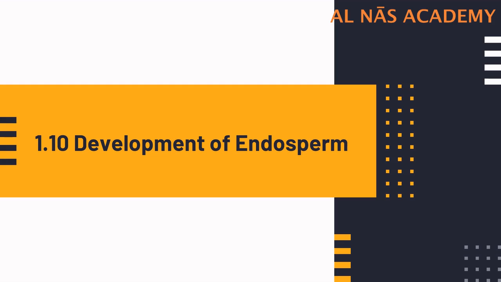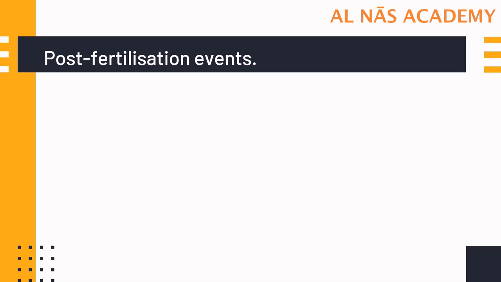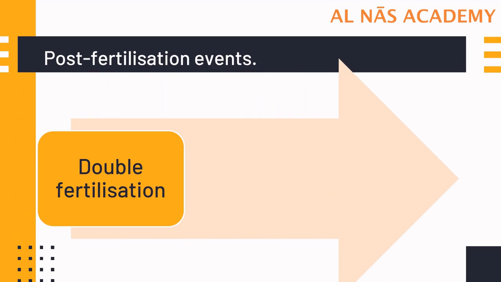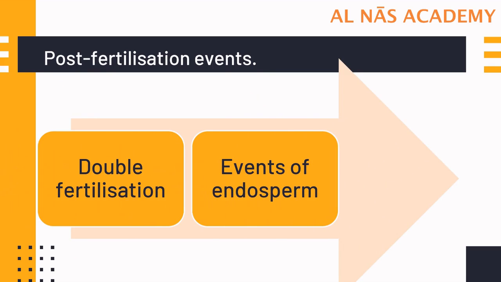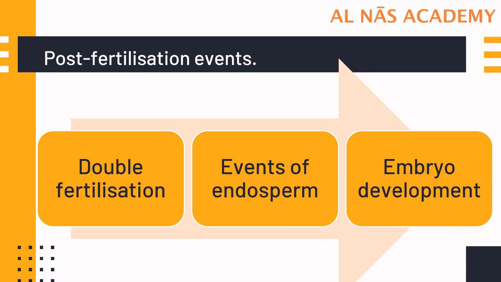So our today's topic is development of endosperm. In our previous video, we have discussed post-fertilization events. We know that after double fertilization, the event which will follow is development of endosperm, followed by development of embryo.